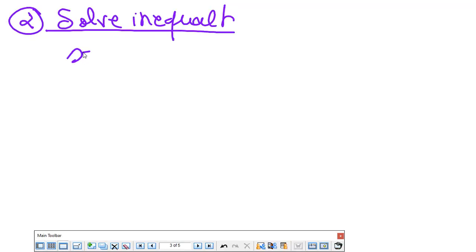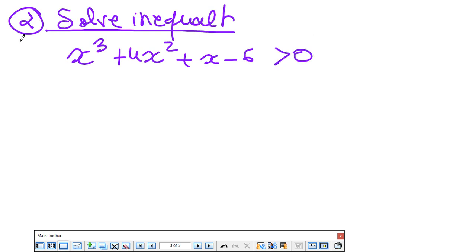I have to solve x cubed plus 4x squared plus x minus 6 positive. If I am talking about positive, it means I want to see what are the values of x that give me a positive answer if I replace it here. So I need to do exactly the same as I did before.